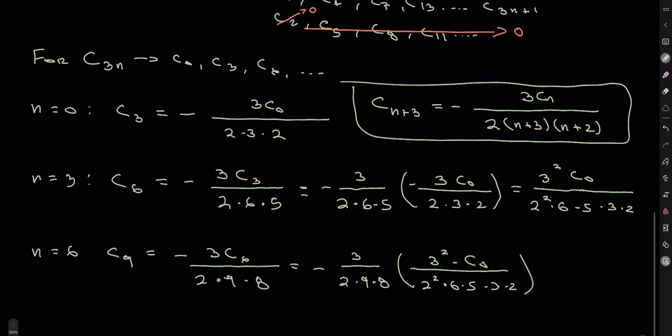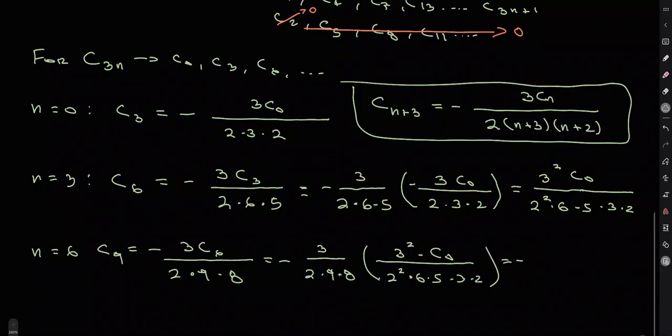Okay, so this reduces to, what is that? This reduces to negative, okay, make this a little small. All right, so this is negative 3 cubed divided by 2 cubed, and then the product, 9 times 8, 6 times 5, and 3 times 2.